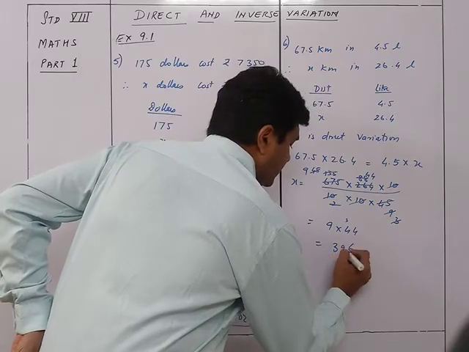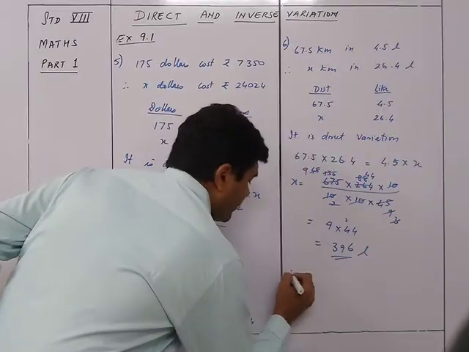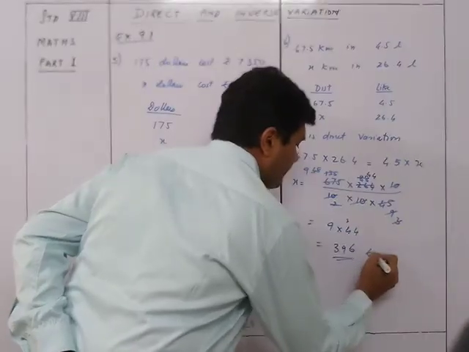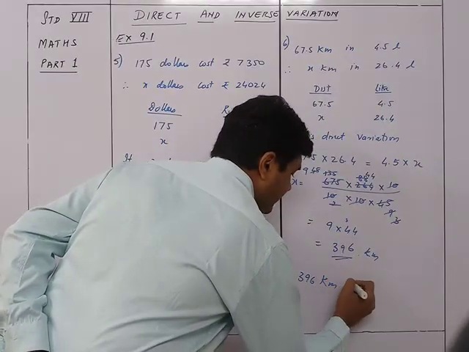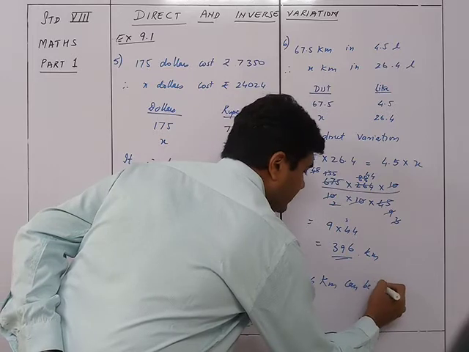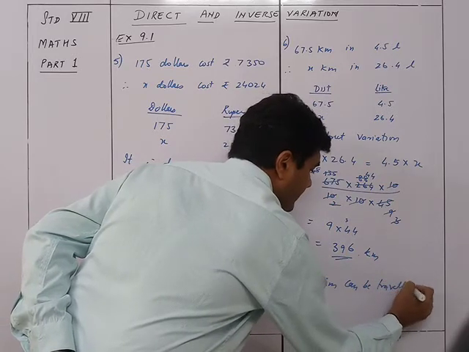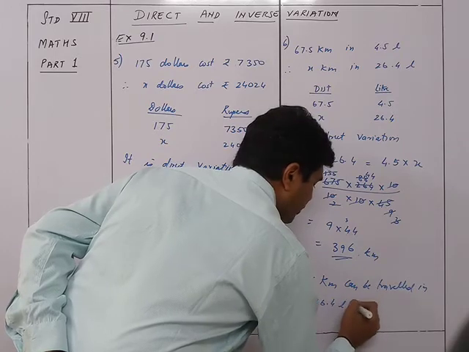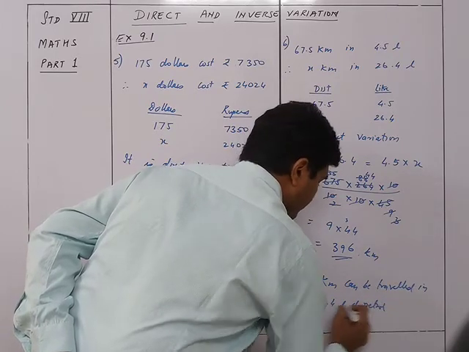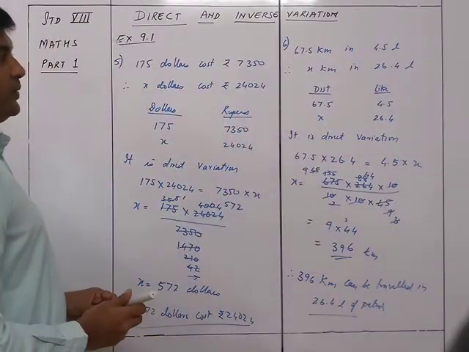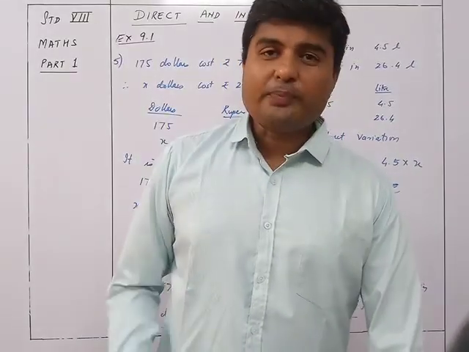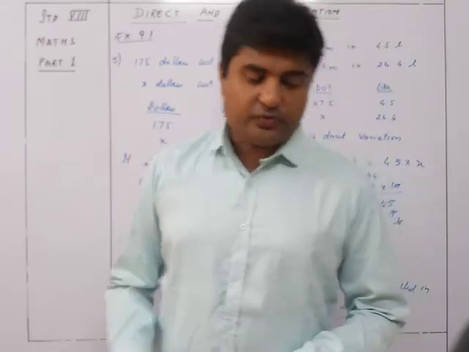So therefore 396 kilometers can be traveled in 26.4 liters of petrol. Okay, so that was sum number 6. I'll stop here for this video and continue in the next video with the 7th sum.